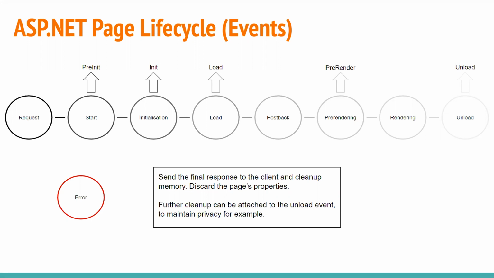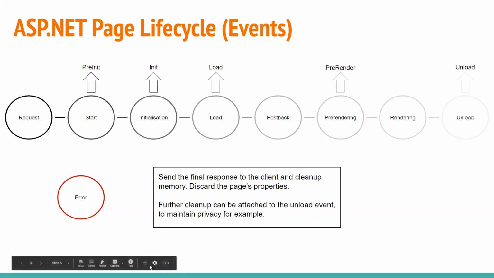What will be its name? What is the first event that is fired off in our ASP.NET lifecycle here? Anyone know? Okay, Chris says pre-init, precisely, yes. So it's the pre-init event.